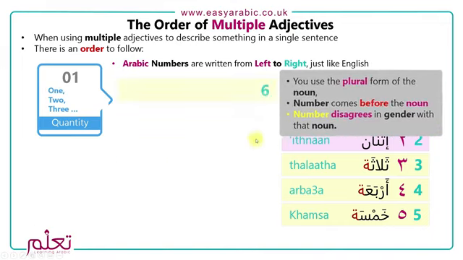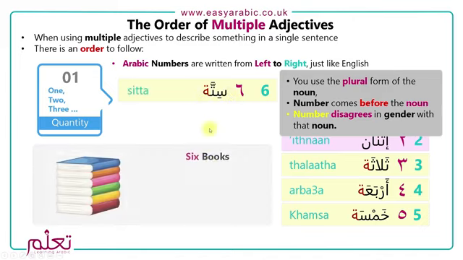Number 6 is written, and looks more like a 7. It's sitta. When we say 6 books, book is kitab and books is kutub. Because that is masculine, we'll say sittat kutub.